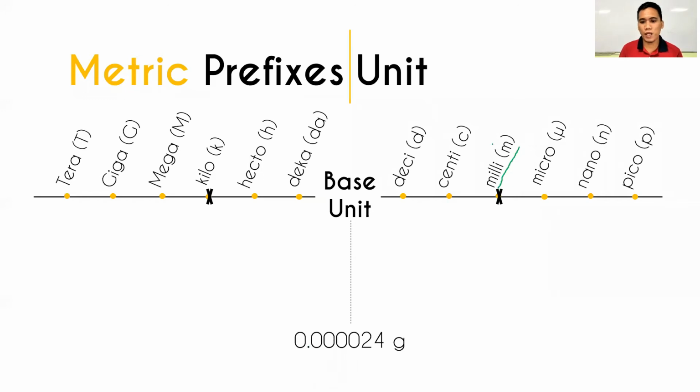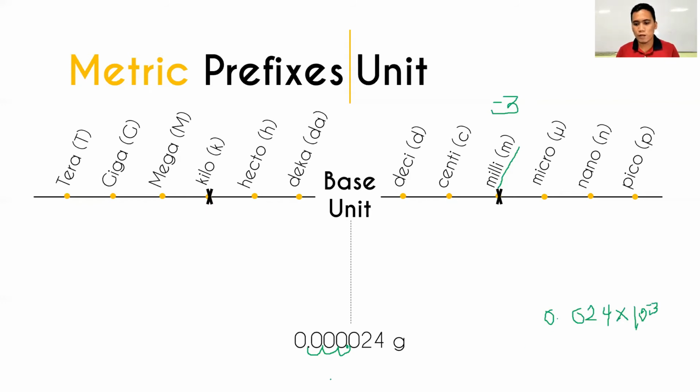Since milli is 10 to the power of negative 3, we move 3 places to the right. 1, 2, and 3. So therefore, it is 0.024 times 10 to the power of negative 3.